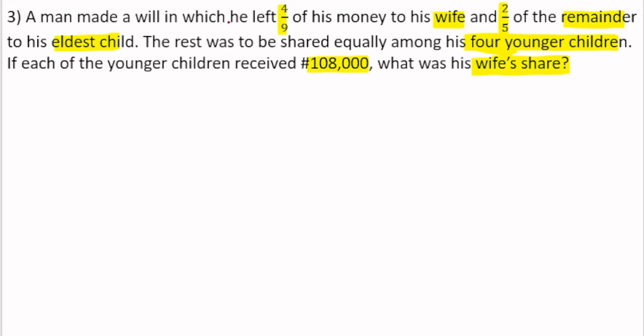A man made a will in which, okay, let's take note of the man's money. How much does he have at first? So let's say the man's money is equal to, let's denote this as letter M, M for money. So the man's money is M. Now we'll have to look at the wife's share.